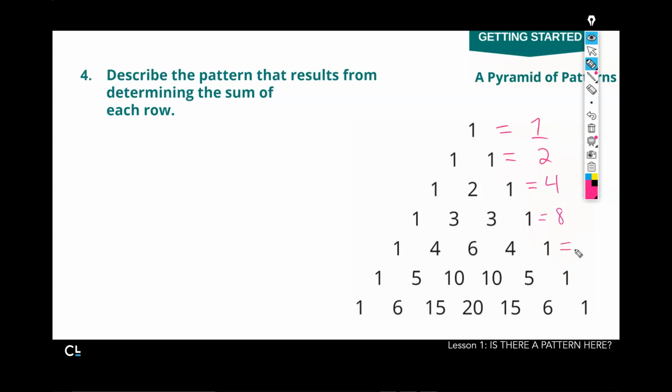The next row is going to give me 16. The next row is going to give me 32. And the next row is going to give me 64. 1, 2, 4, 8, 16, 32, 64. What's going on here? What do you notice? They're doubling each time. The sum of each row generates a pattern.